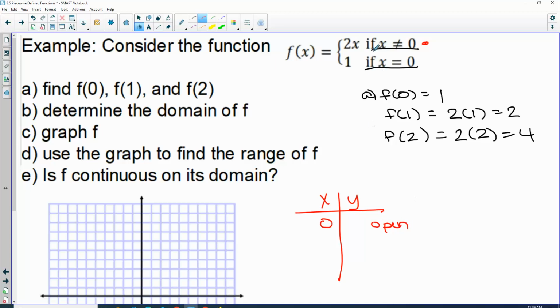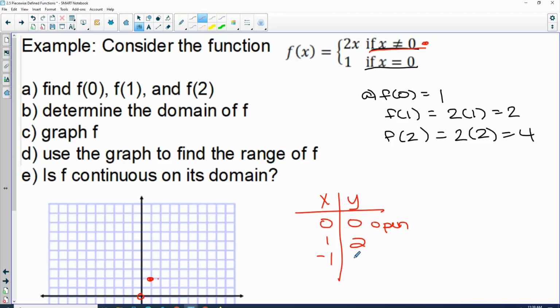And then otherwise, x just has to meet this requirement. So we can plug in anything else. We can put in positive 1, negative 1, positive 2, negative 2, as many points as we wanted. If I put in 0, 2 times 0 is 0, so 0, 0 is open. If I put in 1, 2 times 1 is 2, so 1, 2.